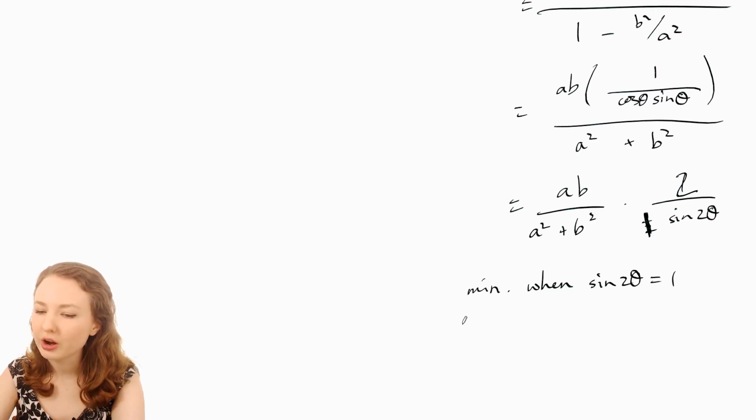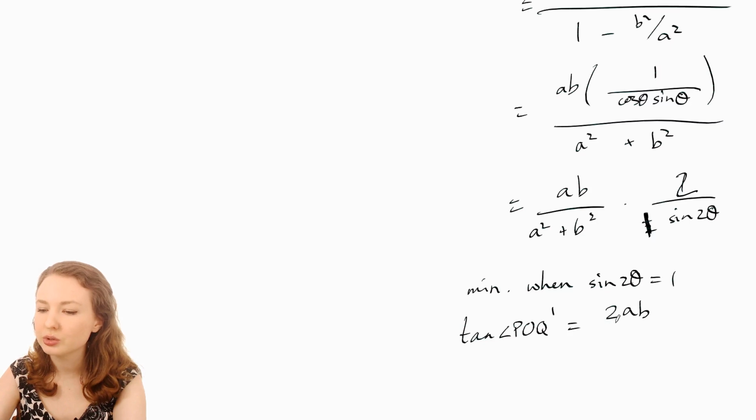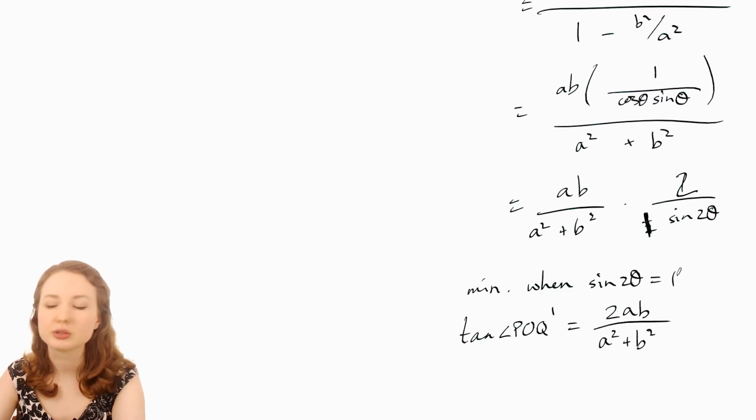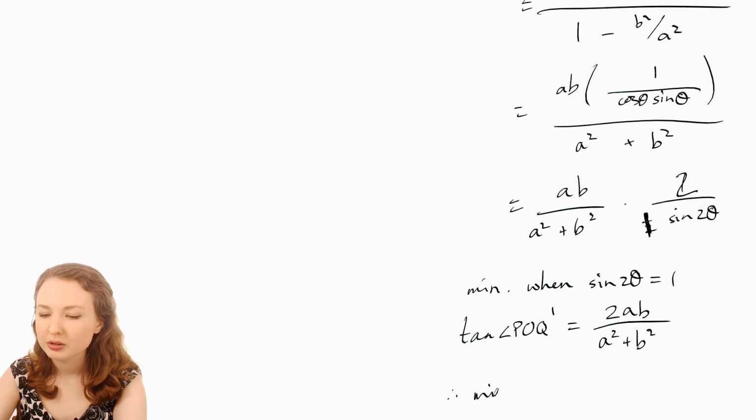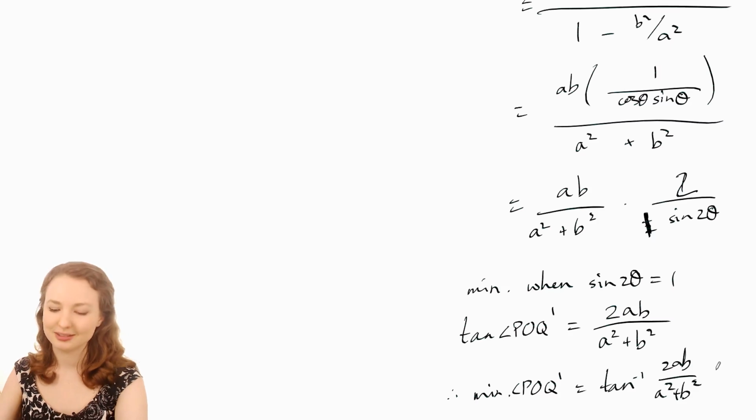So tan angle POQ prime is just 2ab on a squared plus b squared when sine 2 theta is 1, because that's just 1. Therefore the minimum angle POQ prime is the arctan of that. And that's it for that one.